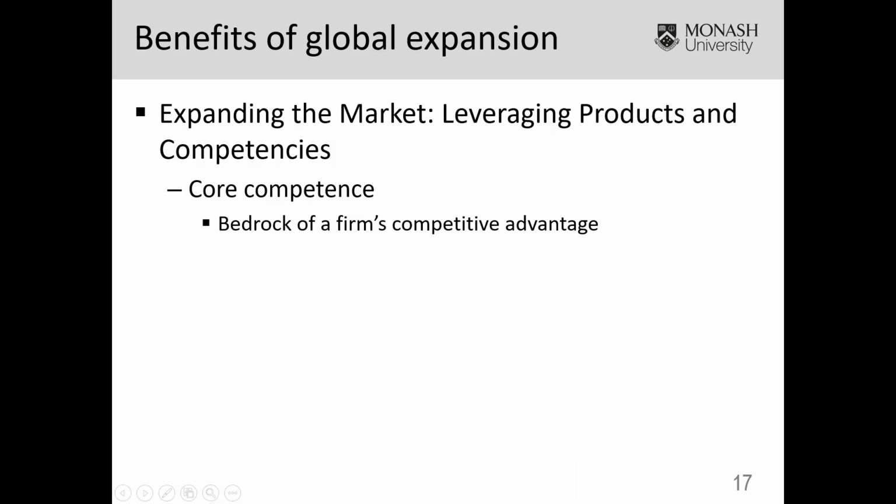In the traditional model, the model that we're looking at in this course, because in this course we're spending one week on international strategy, and I've taught courses at other universities where we spent the whole semester on international business strategy, what we're looking at is how we leverage products and our competencies to expand into an external market.